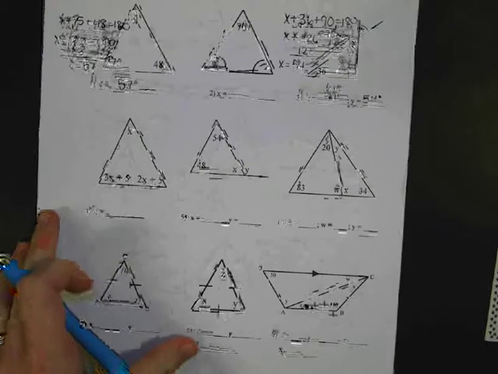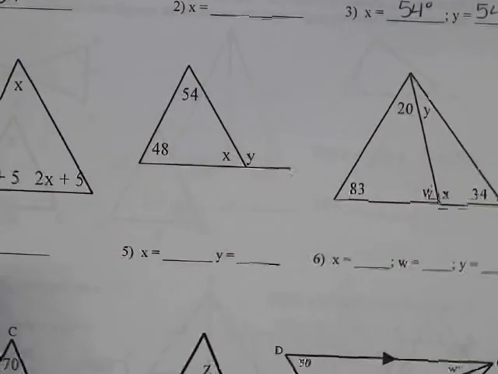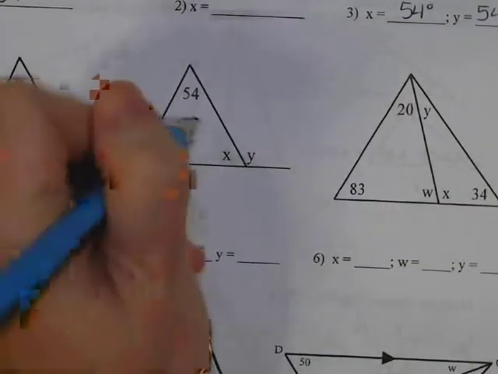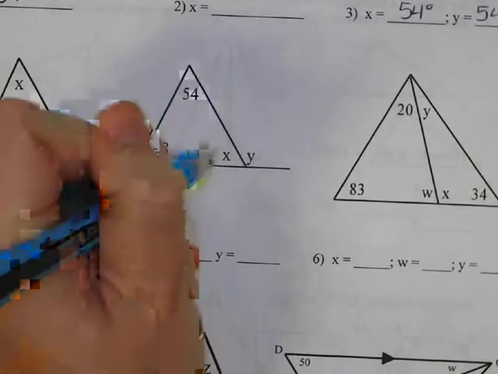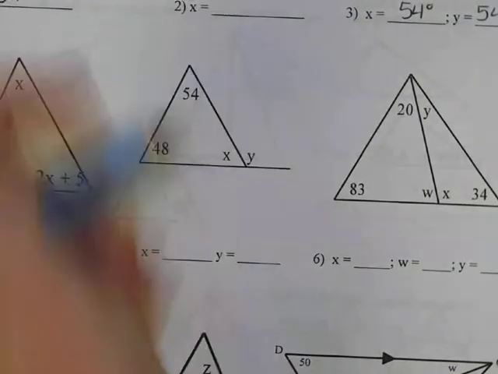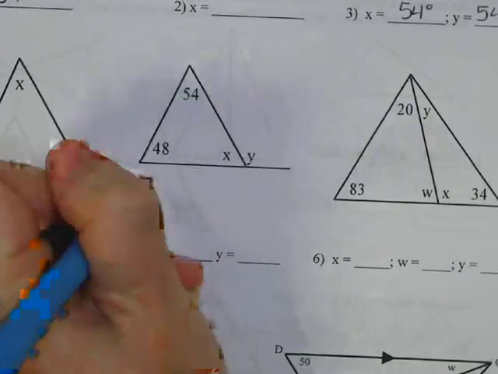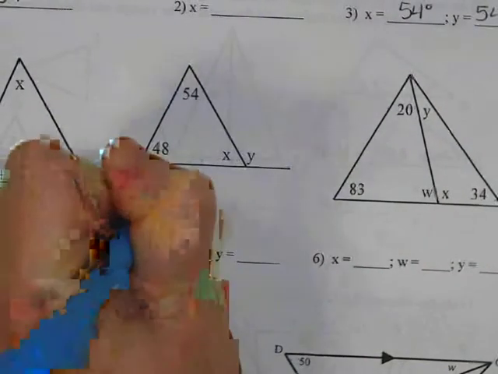Number 5. Number 5 has a triangle inside and a linear pair next to that. Since all three of these angles are inside the triangle, I'm going to add them up to equal 180.